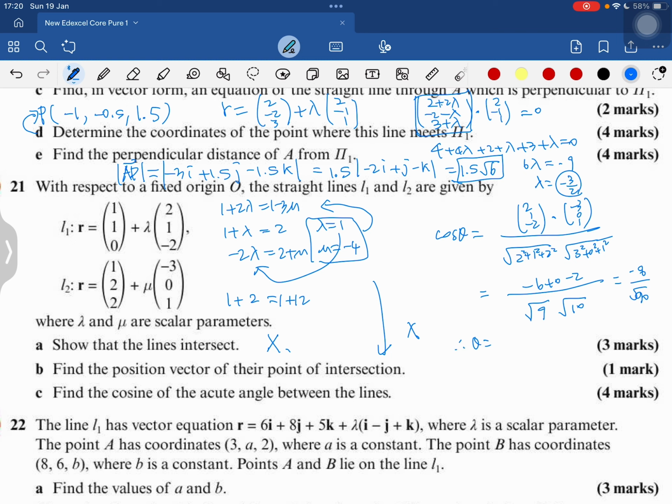Therefore theta is 147.49 degrees, which is an obtuse angle since cos has a negative value. But the answer should be the acute angle, because the two lines have this angle and that angle, which are supplementary. So 180 minus the answer makes it 32.5 degrees.